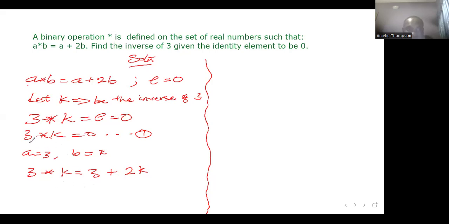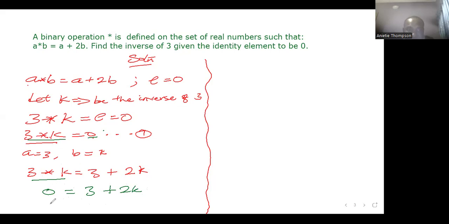And also we got that 3 asterisk K is 0. So I'm going to write here 0. That means 0 equals 3 plus 2K.